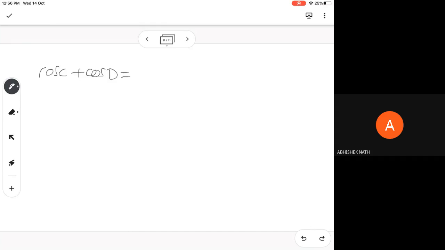Cos (x plus y) is equal to cos x cos y minus sin x sin y, and cos (x minus y) is equal to cos x cos y plus sin x sin y. If you add them, the second term, sin x sin y, gets cancelled. So you get 2 cos x cos y, which is nothing but 2 cos (C plus D by 2) cos (C minus D by 2).